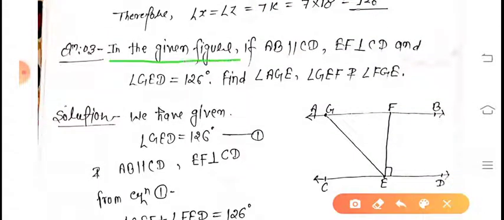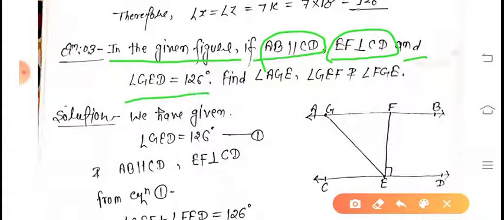In the given figure, if AB parallel to CD and EF perpendicular to CD and angle GED equal to 126, find angle AGE, angle GEF and angle FGE.